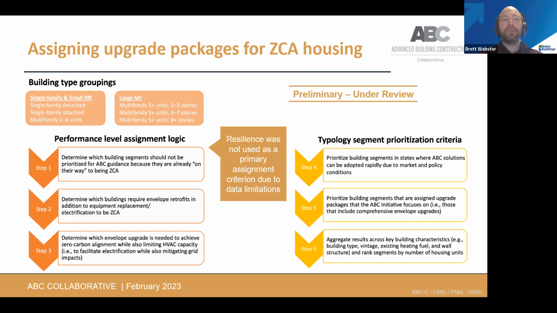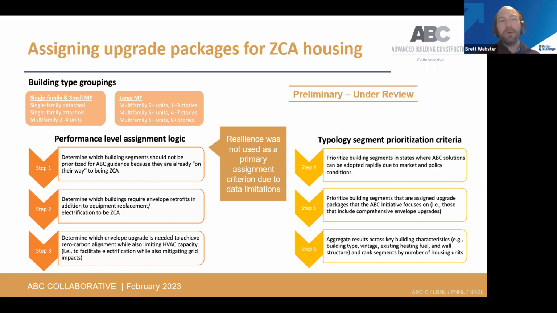We then took the results of those performance assignments and paired it with some market data about the geographic locations where these type of ABC solutions might be poised to scale more quickly. And then those segments are then described in the report.